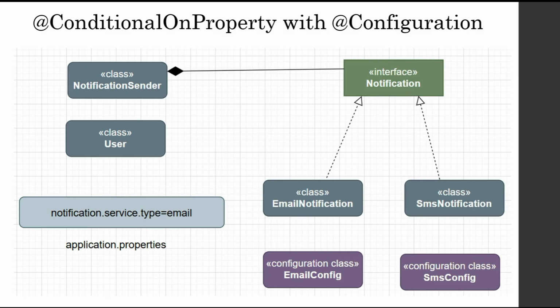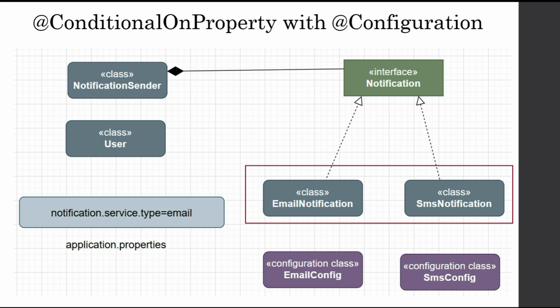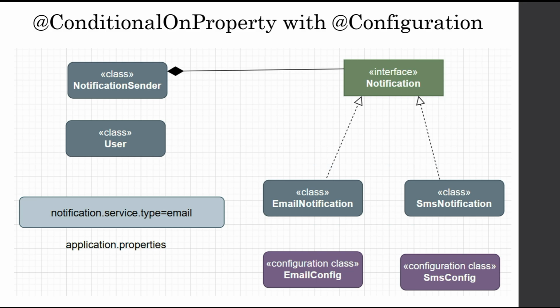To illustrate how @ConditionalOnProperty works with @Configuration, I will implement a small part of a notification system. The diagram shows two notification classes, EmailNotification and SMSNotification. Both of these classes implement the Notification interface.